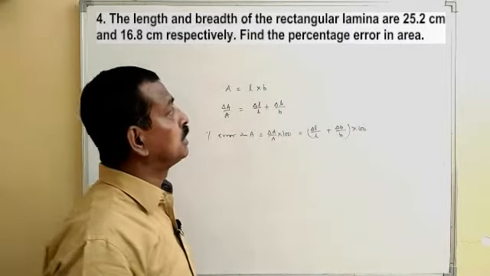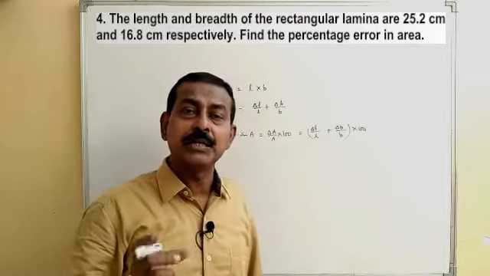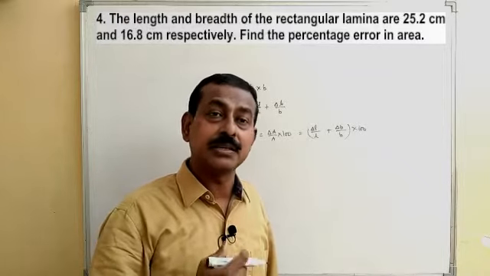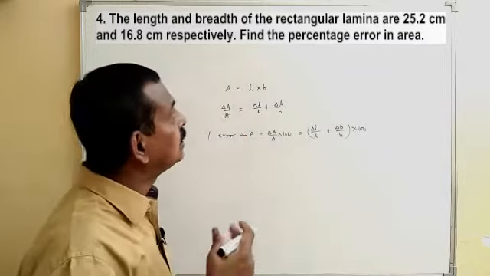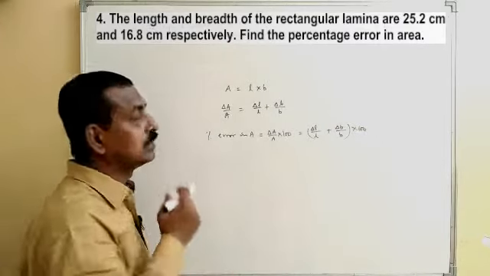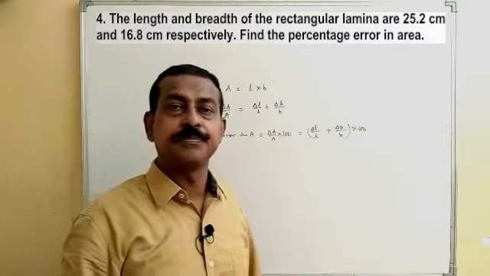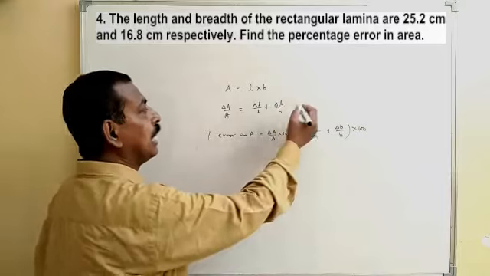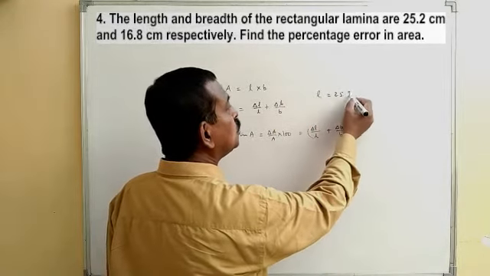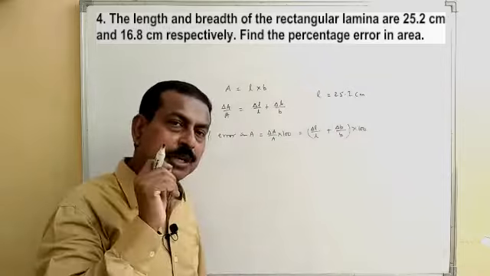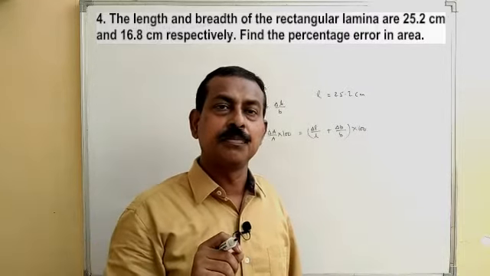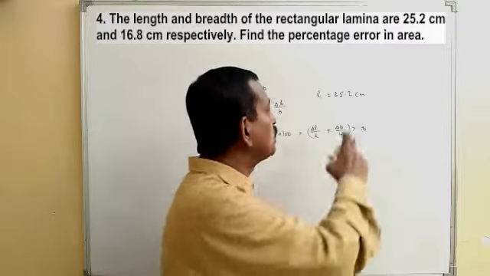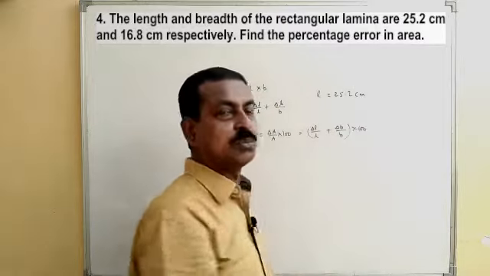But one thing you must have noticed, that only the length and the breadth values are given. In the question it is not mentioned what the error is. It is just mentioned that the length is 25.2 centimeter and breadth is 16.8 centimeter. But in this data, if length is given as 25.2 centimeter, whichever instrument has been used, it can measure accurately up to one place after decimal.